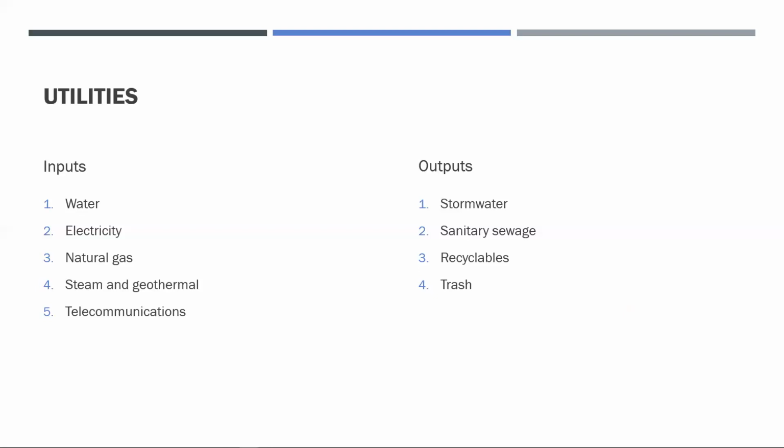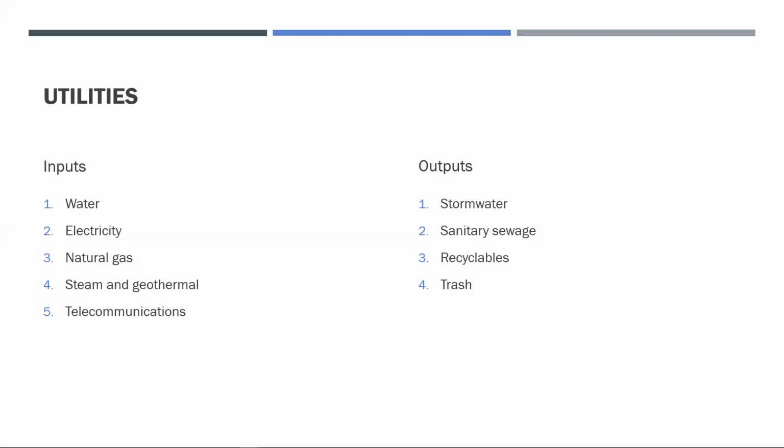Understanding where off-site and on-site utility systems are located is a key objective of site inventory. This information is particularly valuable when you site new buildings, new circulation systems, and plan open spaces that perform stormwater management functions.